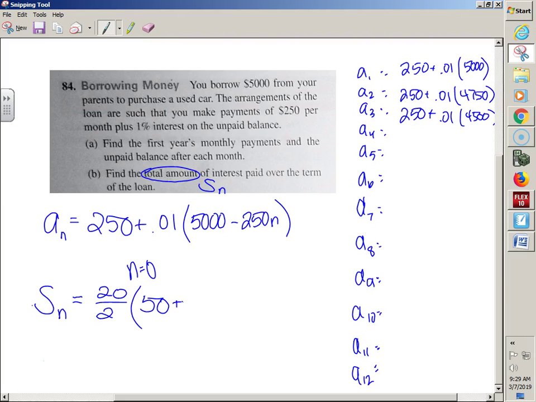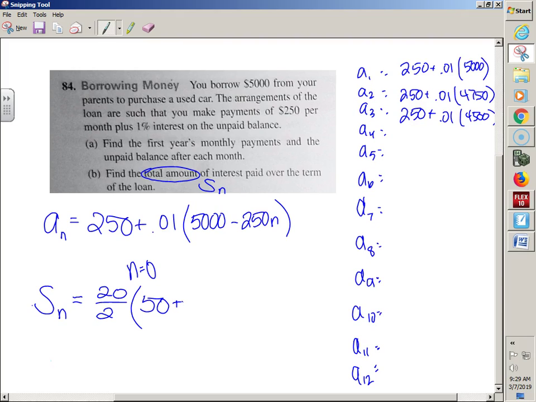If you're totally paid off after your last month, what was the remaining balance that last month? A sub 20, you're paid off, the loan is over. You're paying $250 a month. What was the bill that you were paying to pay it off?